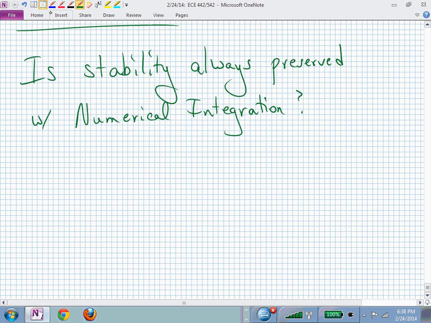And if you were paying attention earlier, I think I have already answered that question. It depends, right? It depends on the numerical integration approach.